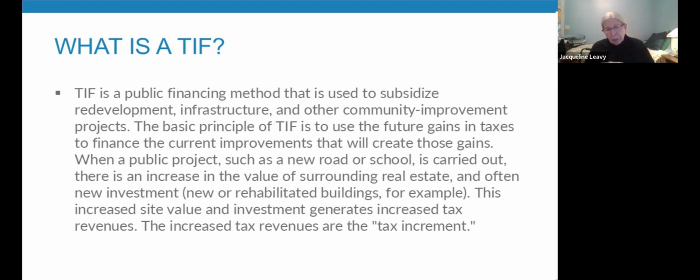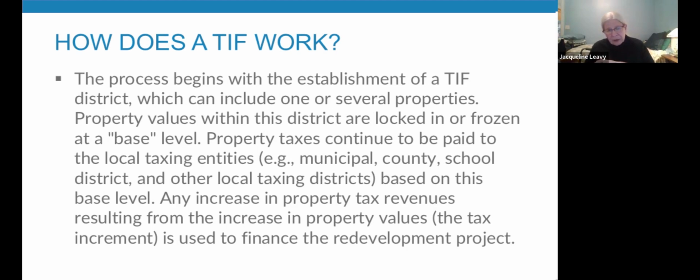They sequester or put in a special fund the property value within the TIF district boundaries, and anytime there is new property tax revenue above and beyond what was coming in before the TIF was designated, that's captured and put into a special piggy bank to be used just for the economic revitalization of that particular geographical district.